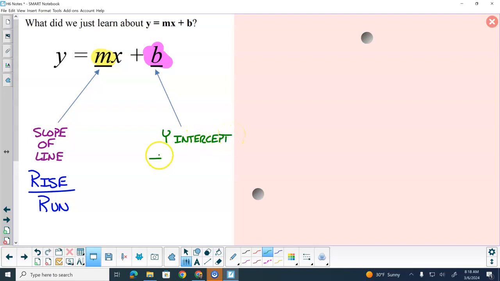It is where the line crosses the y-axis. The y-intercept is where the line crosses the y-axis.